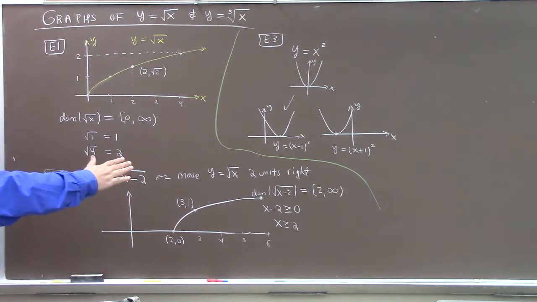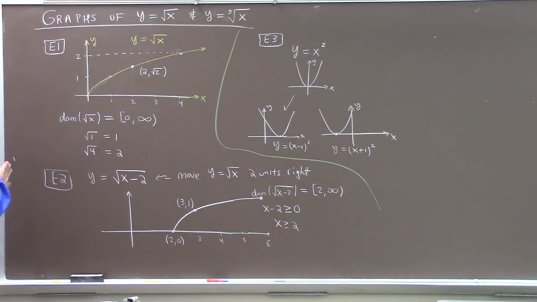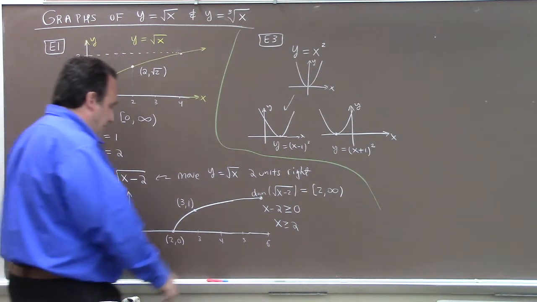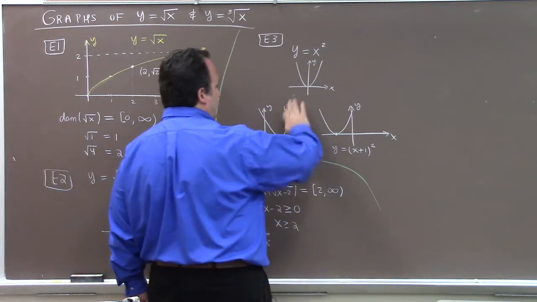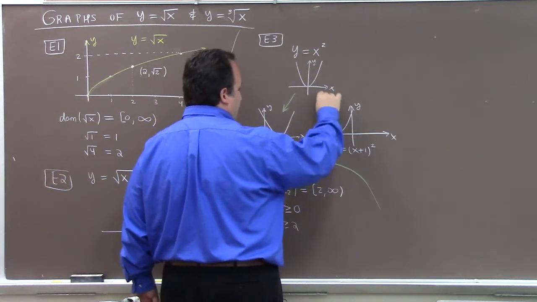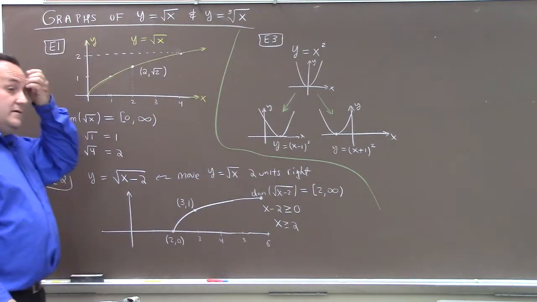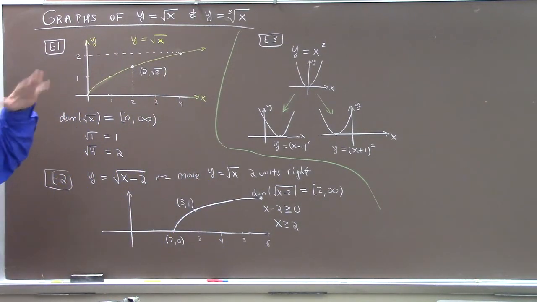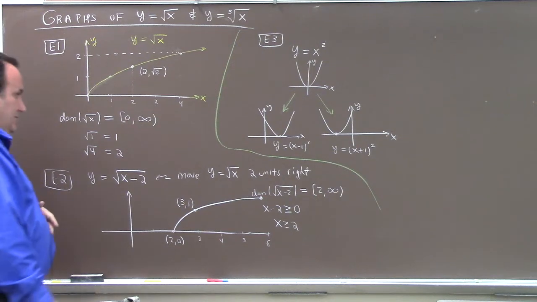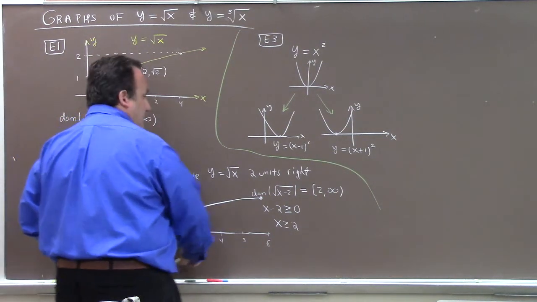If you replace x with x plus 1, it moves it 1 to the left. That's the way graphs work when you modify their inputs. Now, in contrast, what would happen if instead of modifying the x part, you just added or subtracted 1? Well, that's a different story.